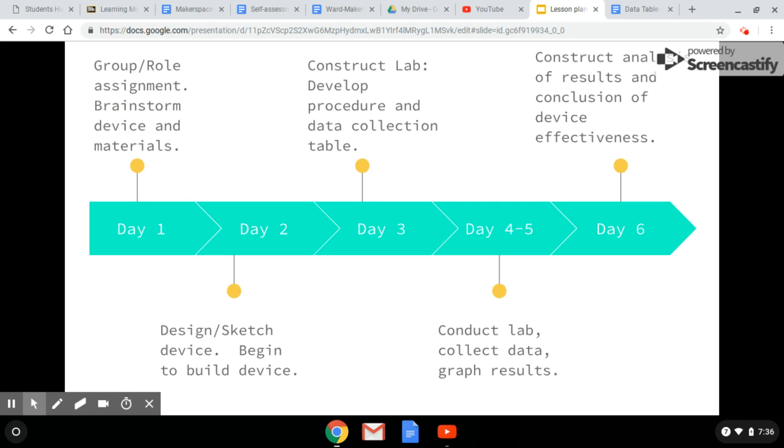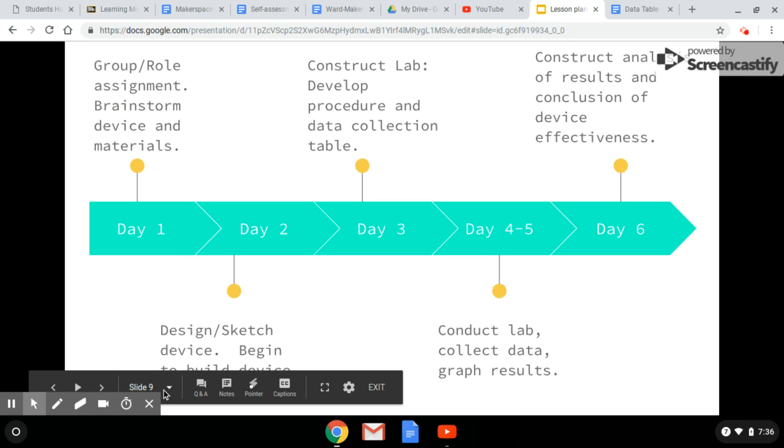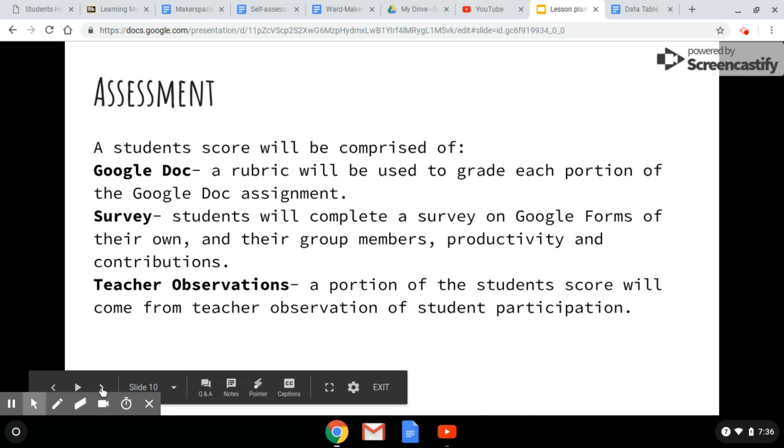Even though as a teacher, you want them to get it right the first time and understand everything the first time, it doesn't always happen that way. Sometimes learning is done through them failing and having to revise and do over and over and over again, which leads us to the assessment.